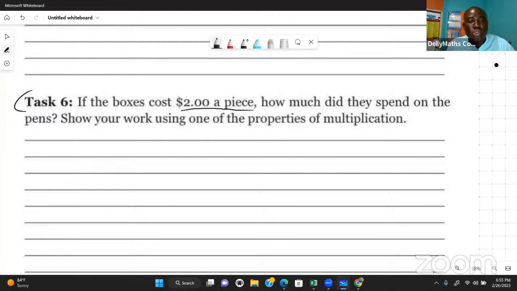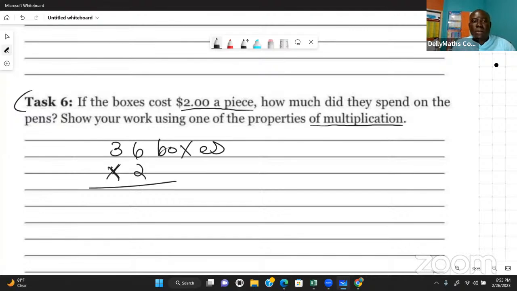Show your working using one of the properties of multiplication. You're talking about 36 boxes, and each costs $2, so I'm going to multiply my 36 by 2.